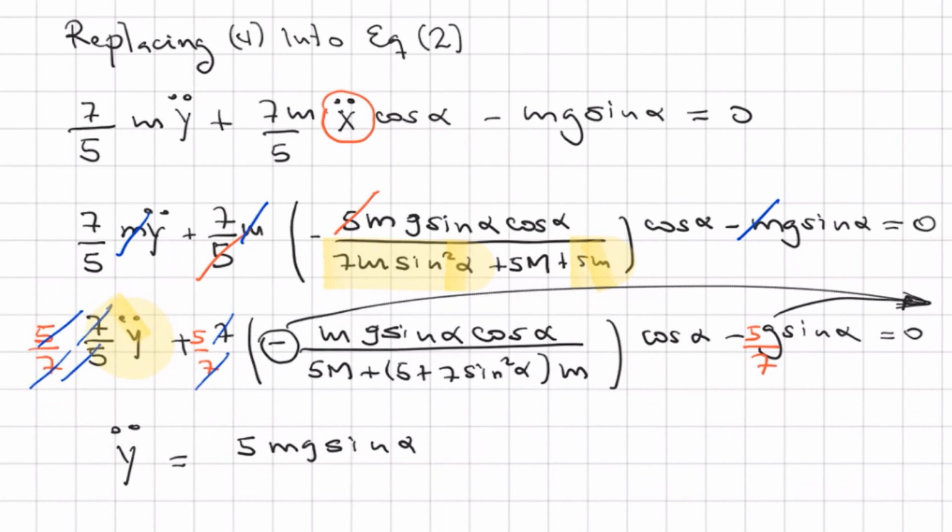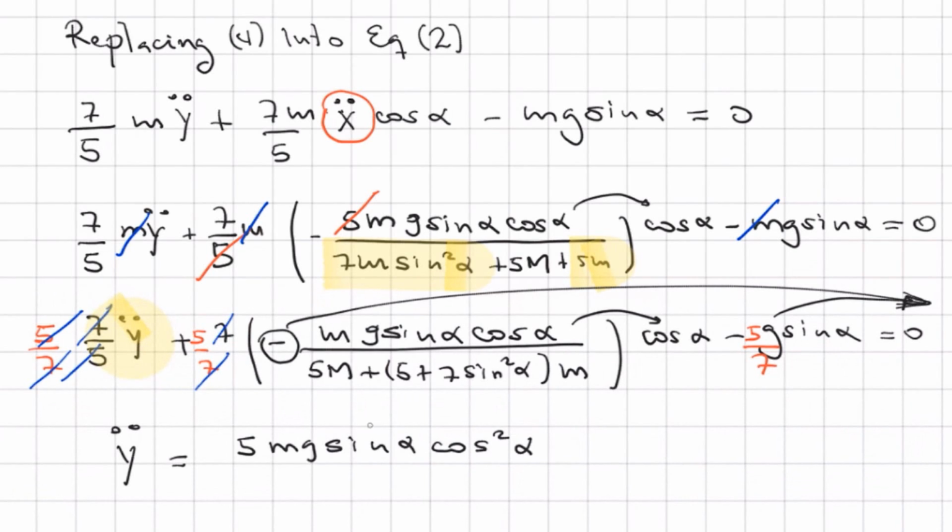Okay, we know cosine, multiplying this cosine is cosine square of alpha, right? Multiplying this cosine.